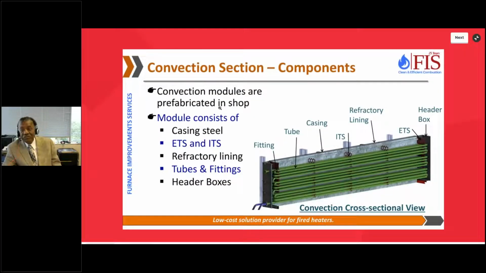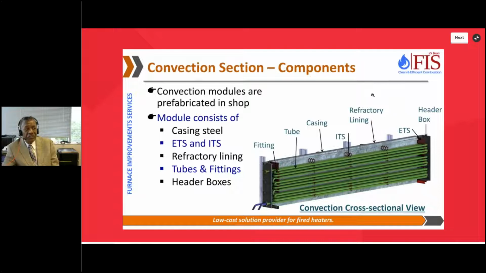There have been a lot of improvements in the convection section. And the biggest is we can do the modularization of convection sections. And that has been possible because of the use of fin tubes or studded tubes. They basically made the convection sections very compact.